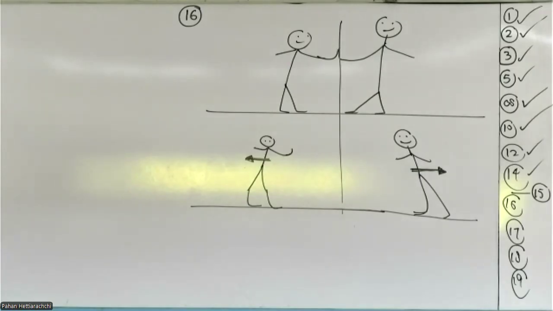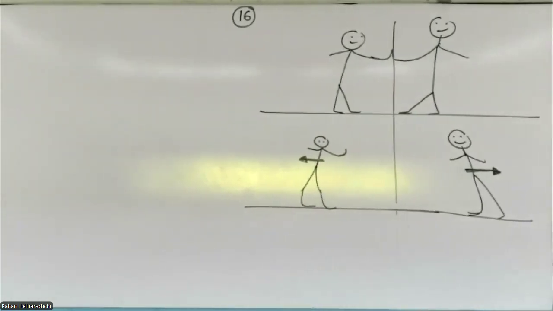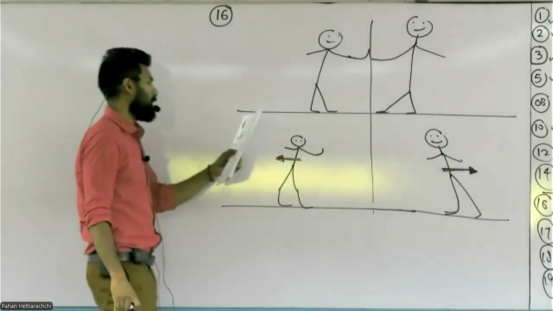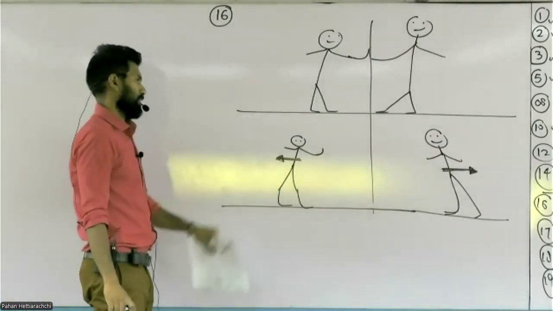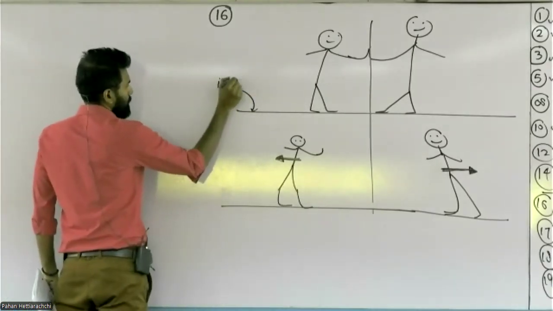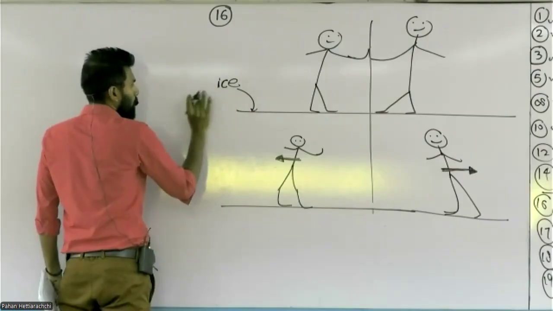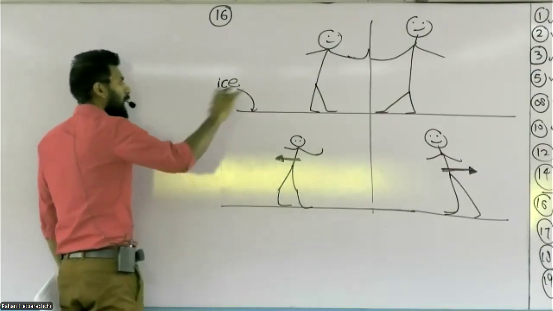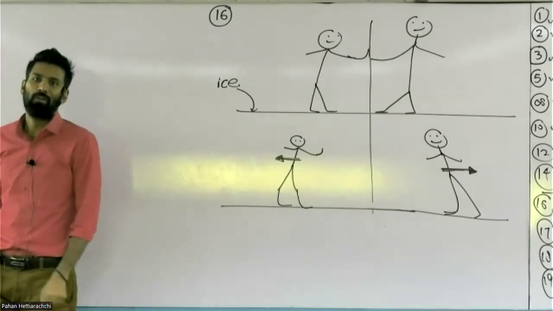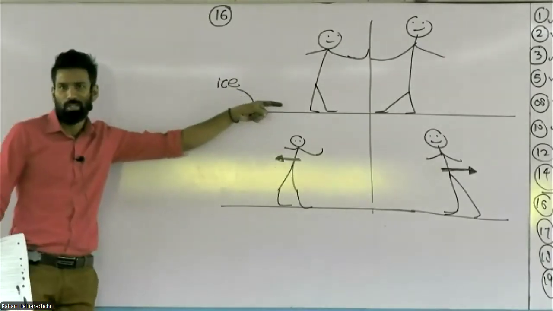Now look at the board. Two boys, A and B, are standing on the ice surface. Can you say why they have mentioned the ice surface? It should be a smooth one. Why? If not, friction is activated.